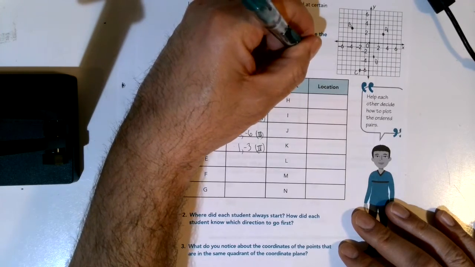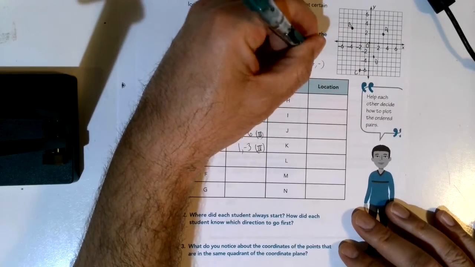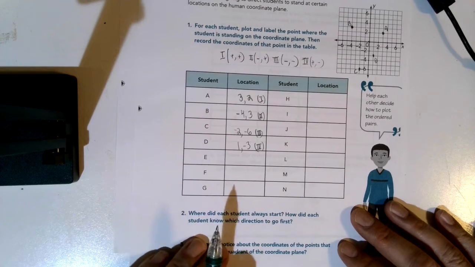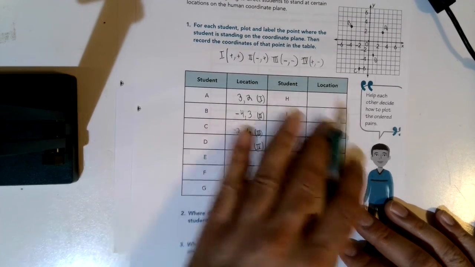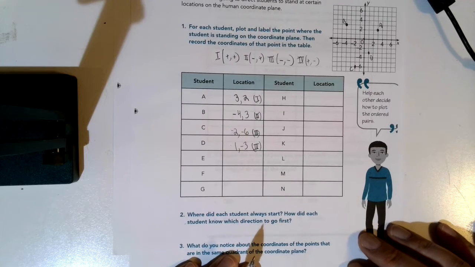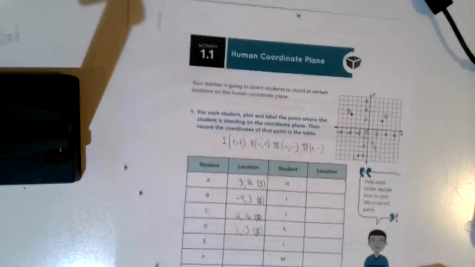And quadrant 4 will always have a positive and a negative in terms of the rational numbers in each quadrant. Okay, and you can go ahead and play around with this some more and see if you notice any more patterns as you go ahead and plot these out.